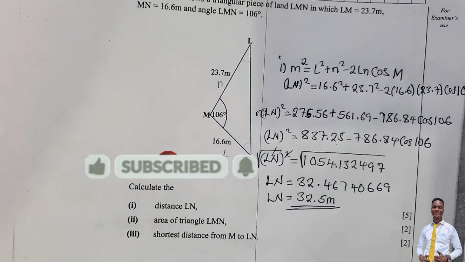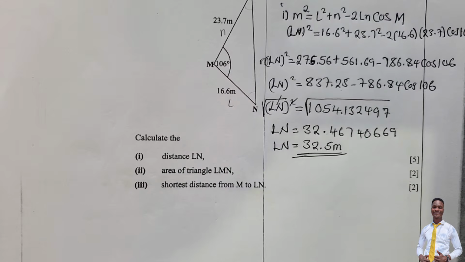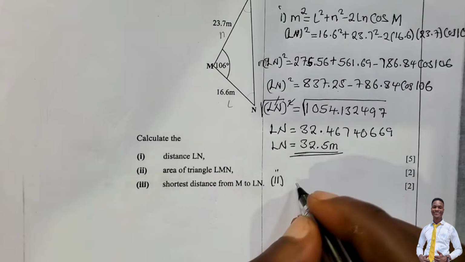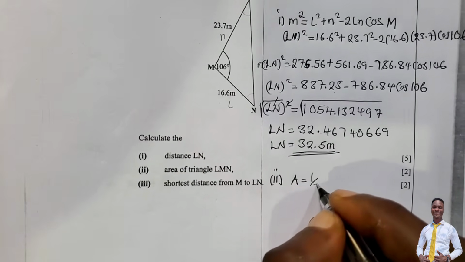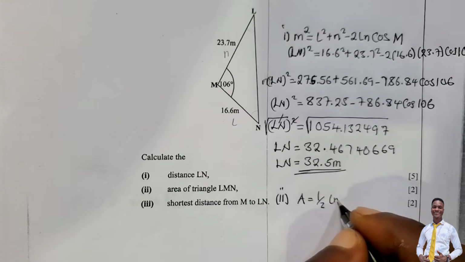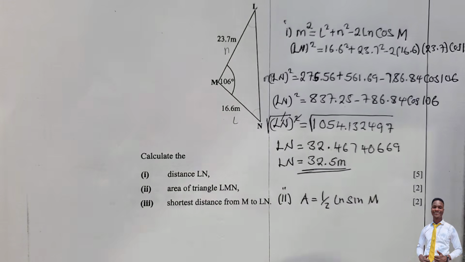meters. Okay, that's it. The second question is saying calculate the area. So for us to calculate area, we're going to say area is equal to half the two given sides LN, then sine the angle M. Simple as this.